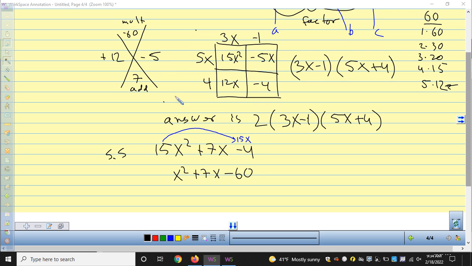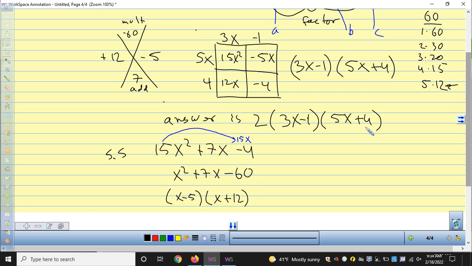So finding my factors turns out to be exactly the same here. So I would set up this cross for this problem, and I'd still get x minus 5 and an x plus 12.